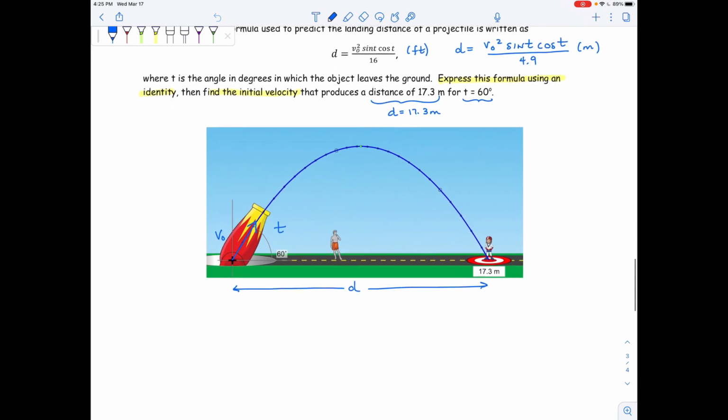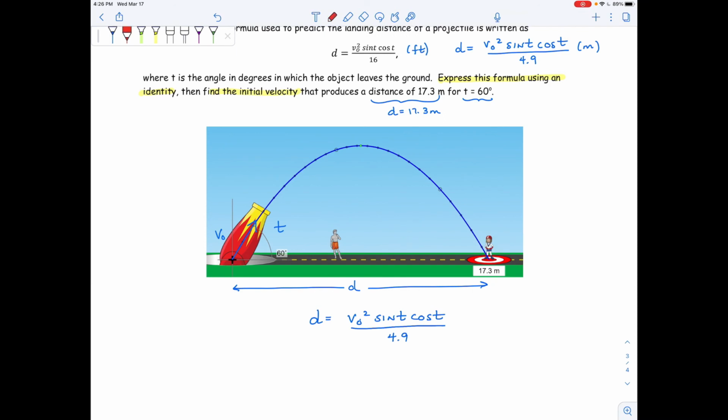I'm going to start by rewriting our formula. d equals v naught squared sine t cosine t divided by 4.9. To write this as an identity, the only identity that really directly connects to sine t times cosine t is our double angle formula. But the double angle formula for sine 2t has a 2 in front of it.